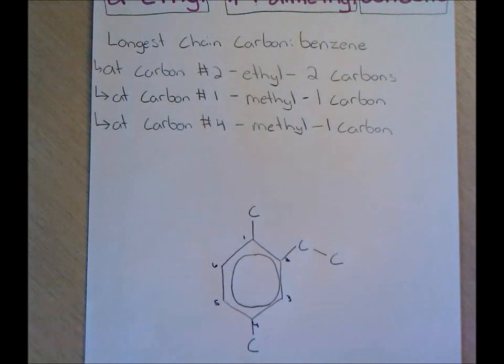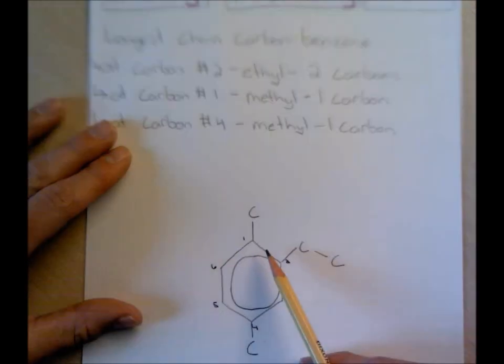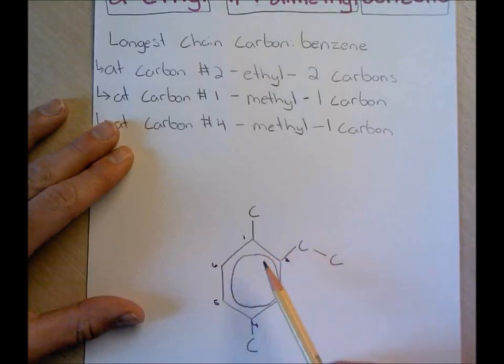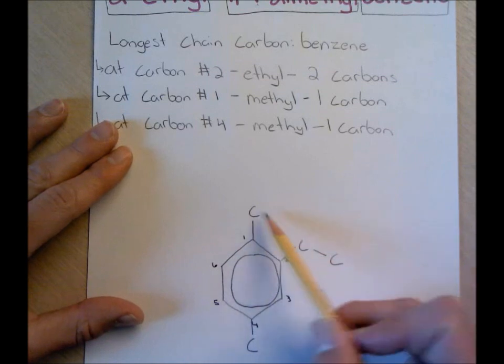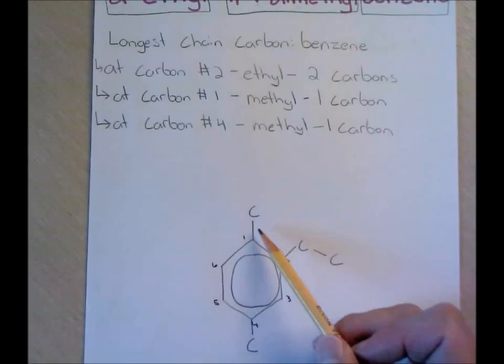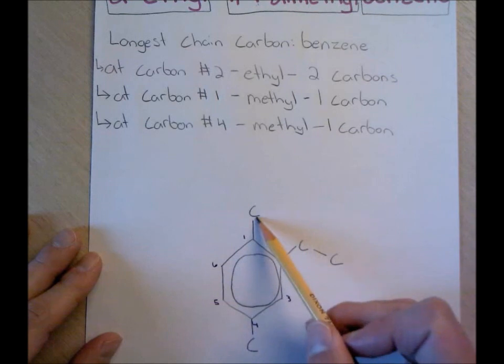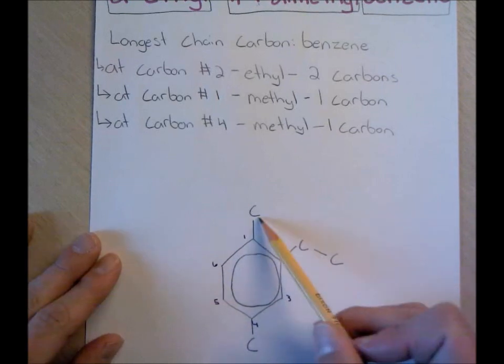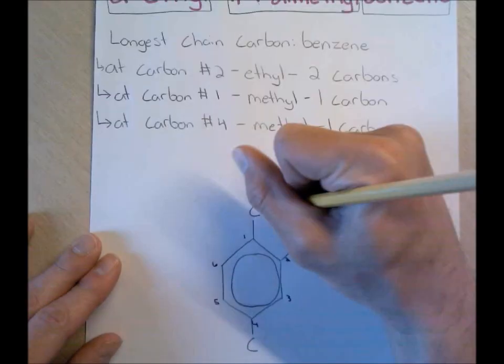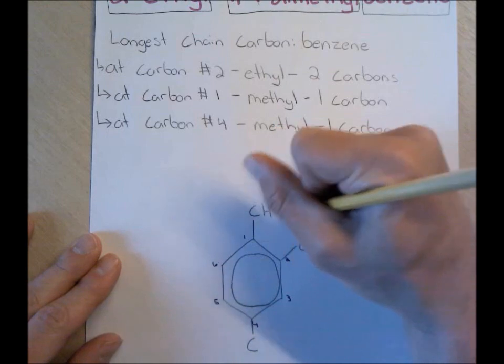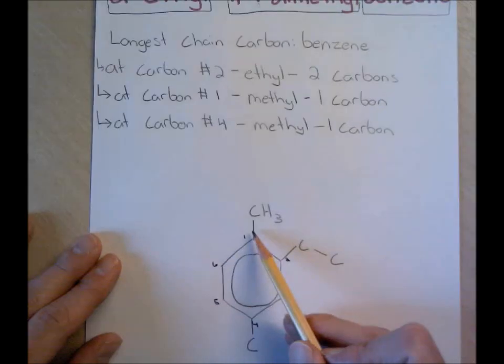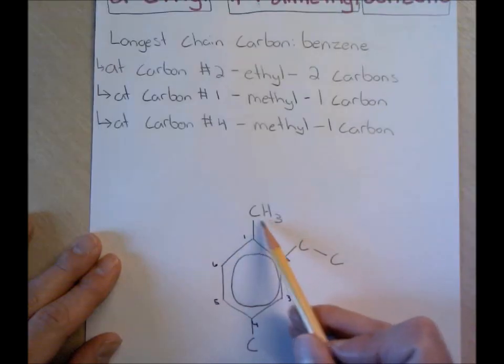Remember, each thing needs a total of 4 attachments. So it needs a total of 4 items attached to the carbon. So for each branch, we have to make sure it has a total of 4. So this first group here, this methyl group, needs 3 hydrogens.